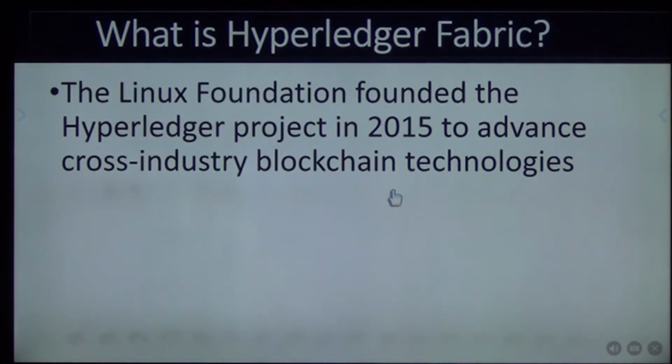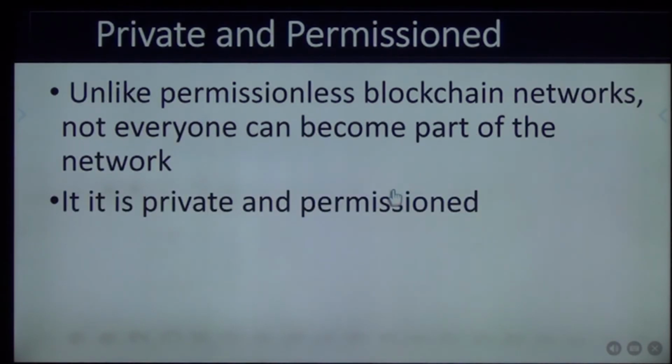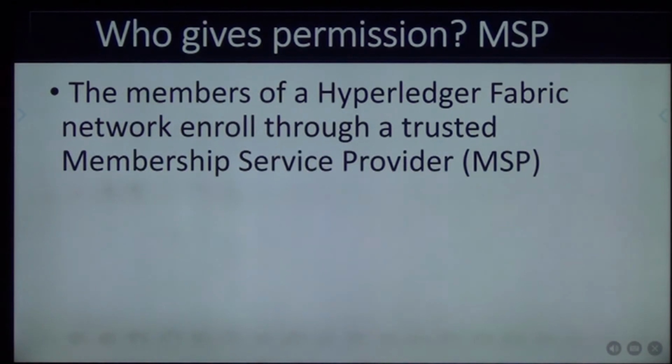And ये हमने पिछली दफ़ा slides कुछ देख ली थी कि it is a project of Linux Foundation, started in 2015, and it is a permission blockchain. So members of the Hyperledger Fabric network enroll through a trusted membership service provider, MSP.